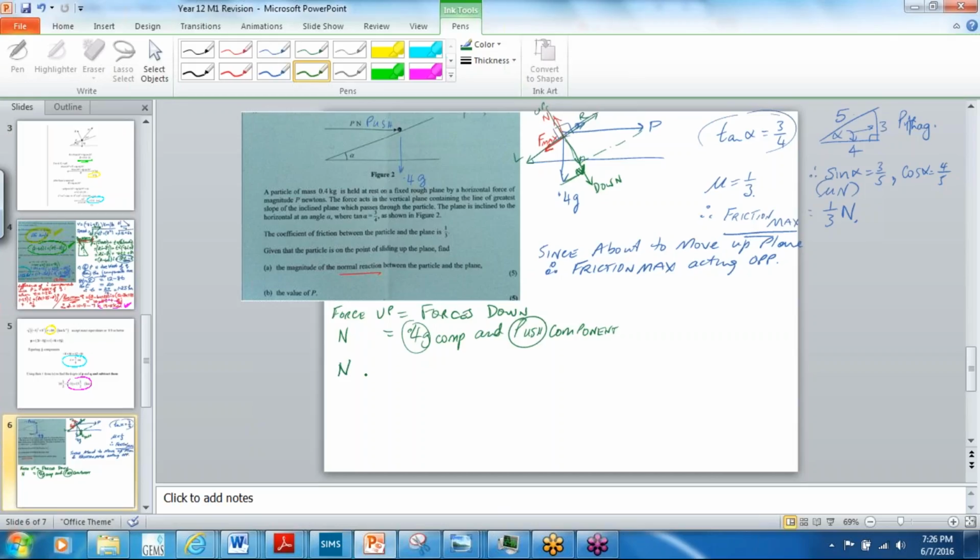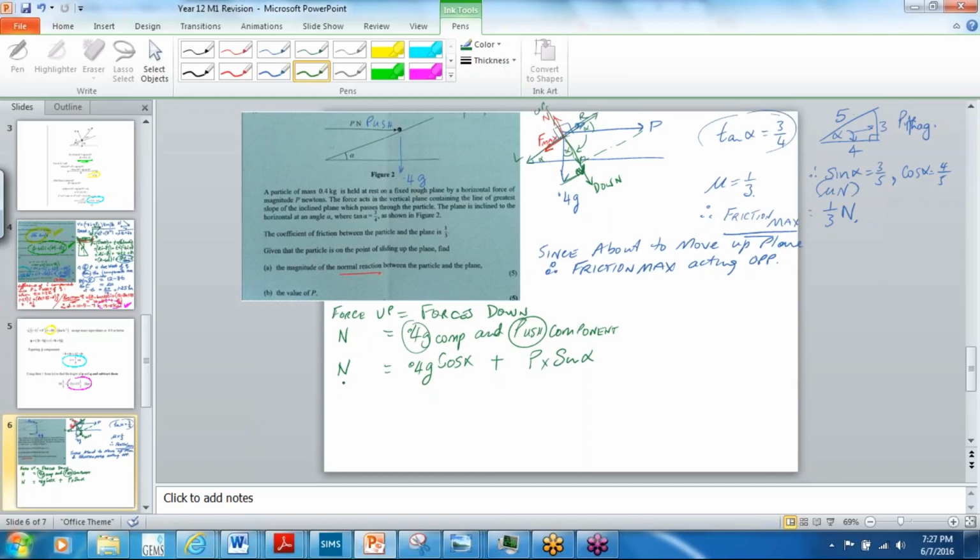N is simply N. 0.4 G has to get the component, and we need that angle there. Now if that's alpha, that's alpha, so that will be cos of alpha. The push force is P. What is the angle here? If that's alpha, and we're going through the other angle, we could say sine of alpha, or we could go cos of 90 minus alpha.